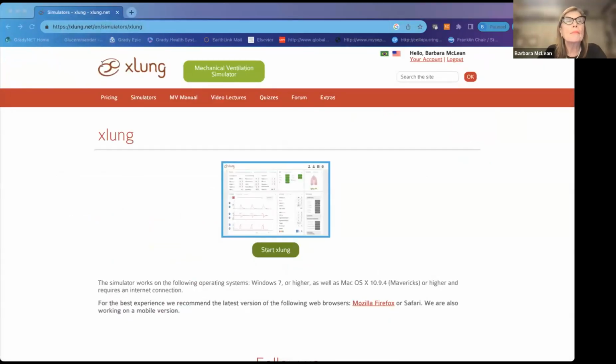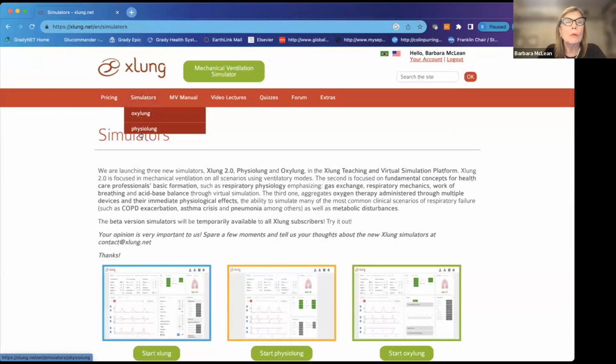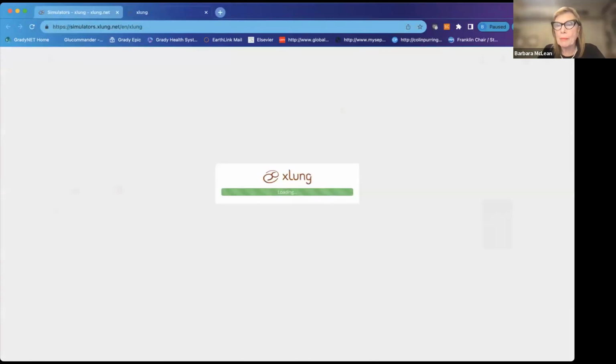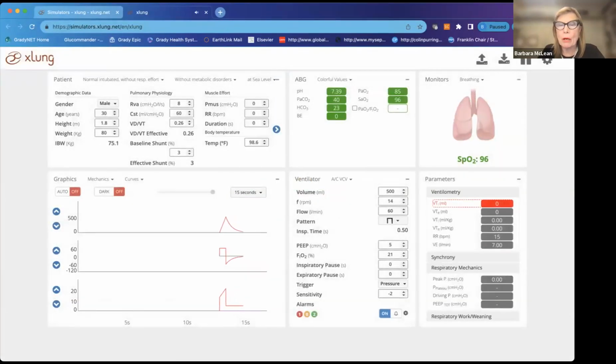I go back to my X lung simulator. Just taking me a second, and then I will share it again. Here we go. We should be sharing.